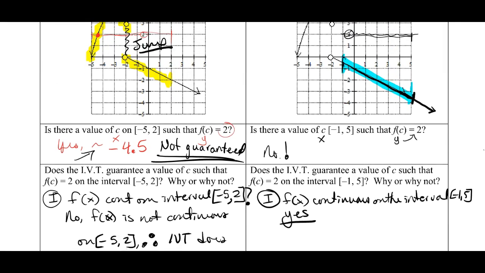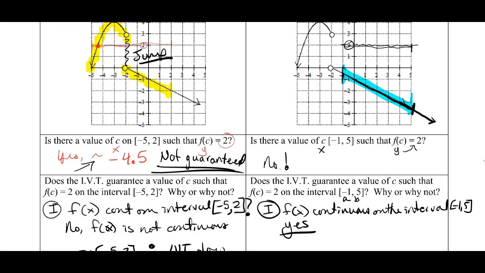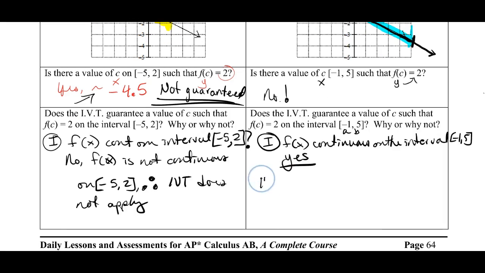Well, what are my A and B? This is kind of the weird part. This is my A and my B. Well, what are my f of A and f of B? This is part 2. Does Y lie between f of A and f of B?